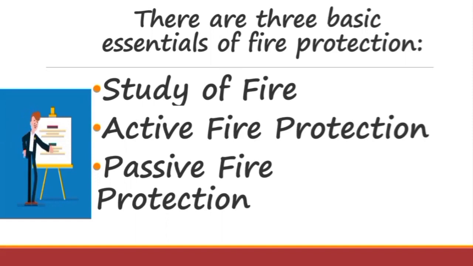Another is the smoke alarm or smoke detecting alarm. And what else does the active fire protection include? Of course, firefighting as well as first aid. How about passive fire protection?